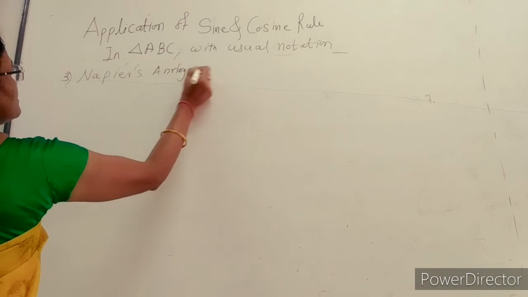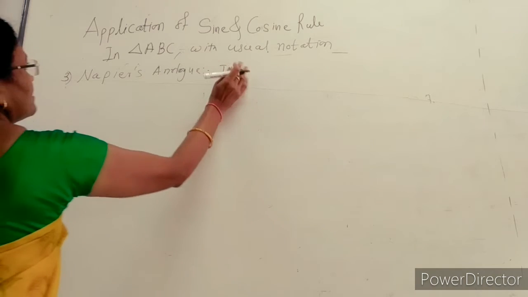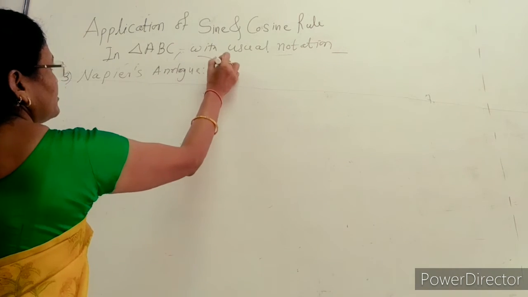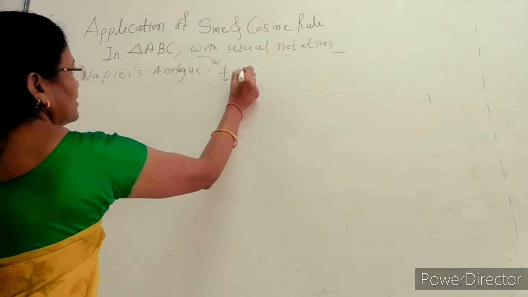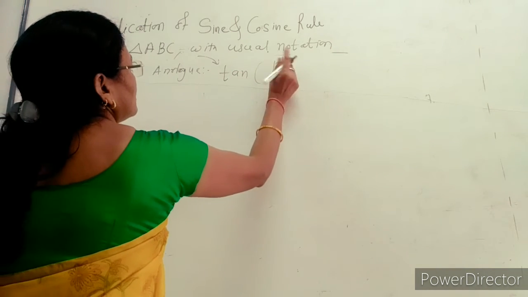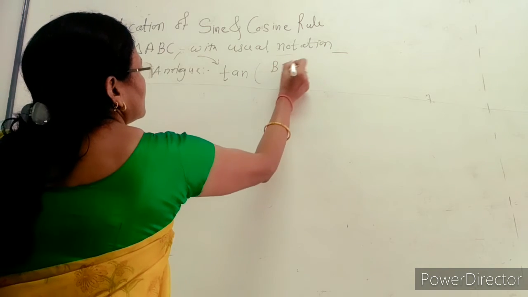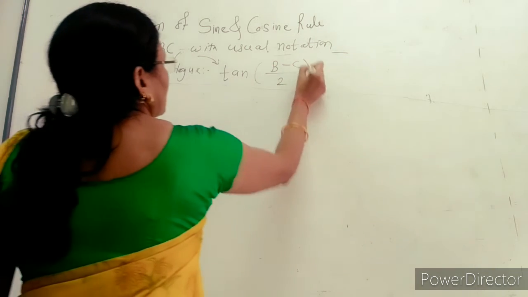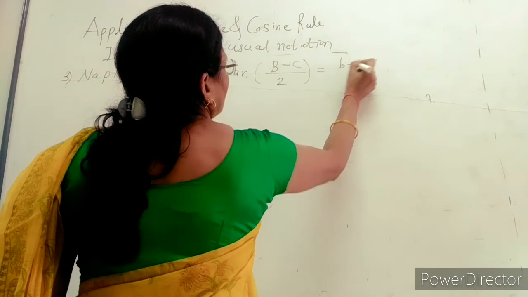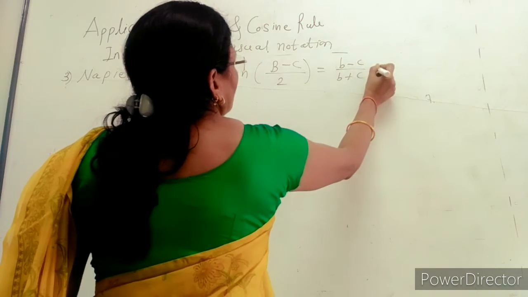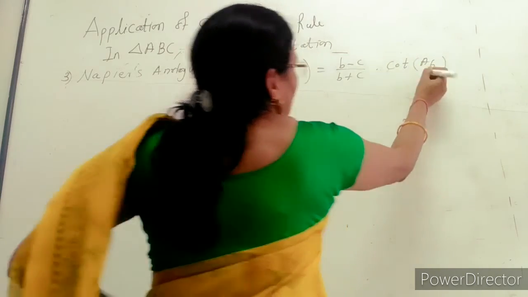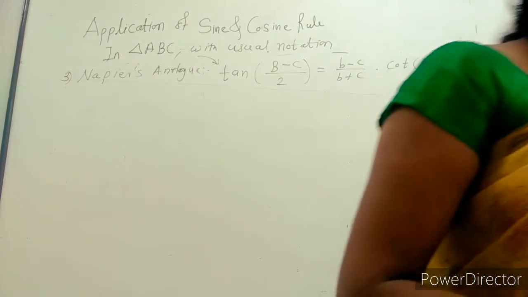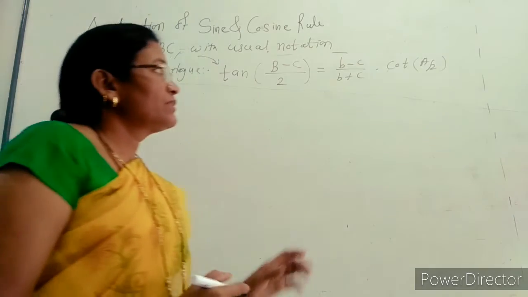We take only a single result. So in triangle ABC with usual notation we get that result as tan((B - C)/2) = ((b - c)/(b + c)) cot(A/2).